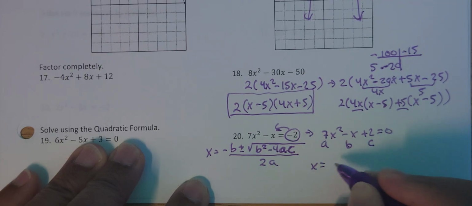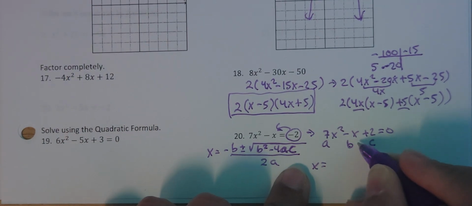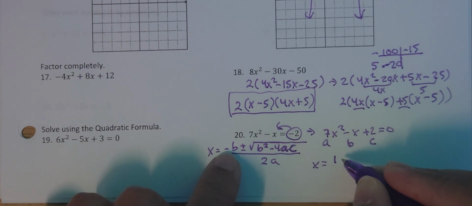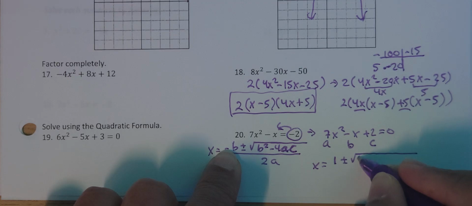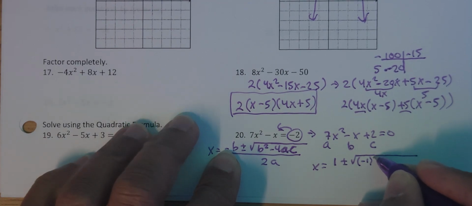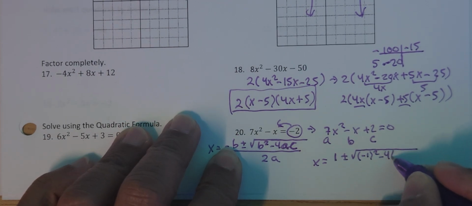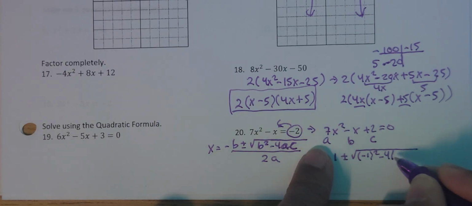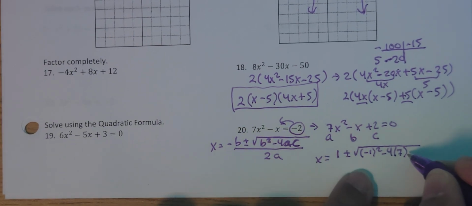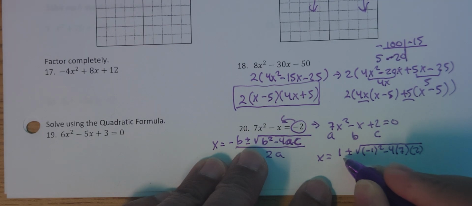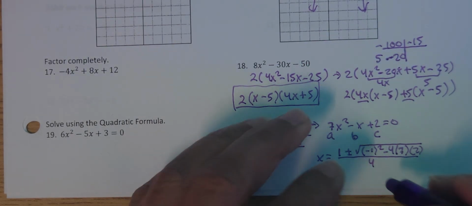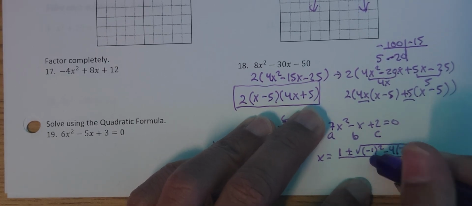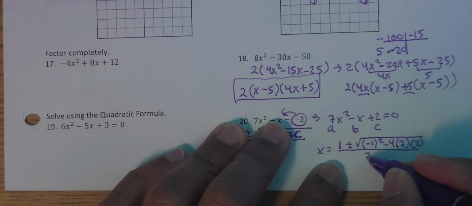So then x equals, let's see, b is negative 1, so positive 1, change the sign, that's what the formula says, plus or minus square root of b, negative 1 squared, minus 4 times a, in this case 7, times c, which is 2. And then all of this divided by 2 times 7.